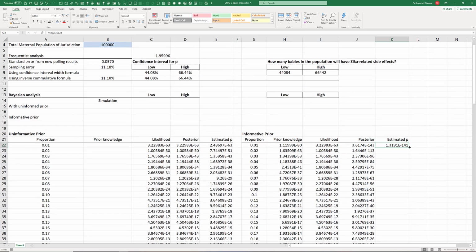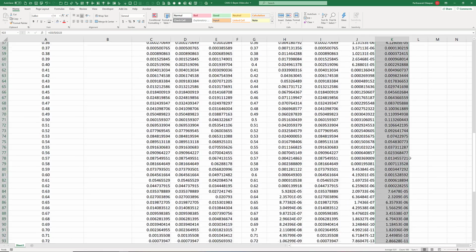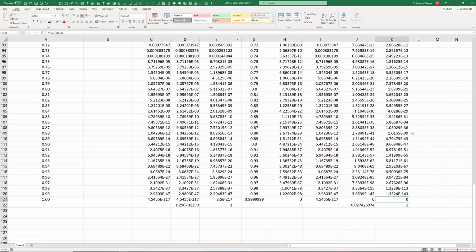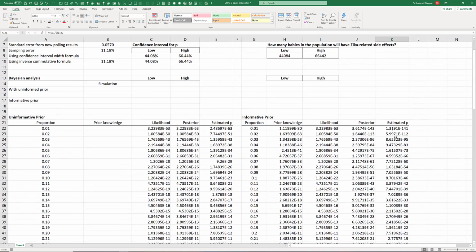Okay, so then do that. Now let's check. Okay, copy that over. So that's the sum. So now we have normalized this probability. So now we have the posterior probability for each of the prior probability that we start out with.